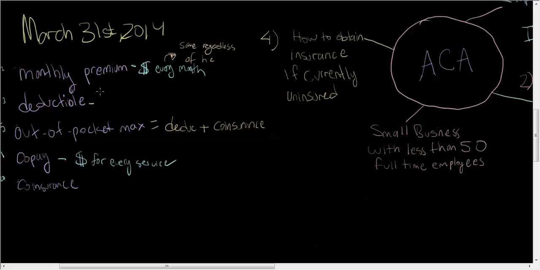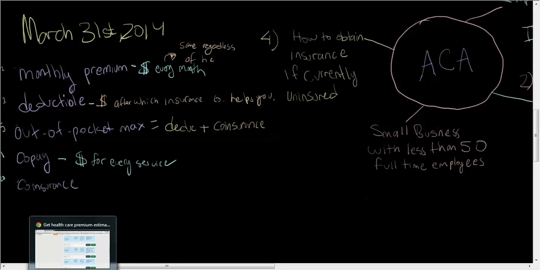So the deductible is the amount of money. These are all amounts of money. That after which your insurance company, I'm just abbreviating, helps you. So basically insurance companies have this policy.